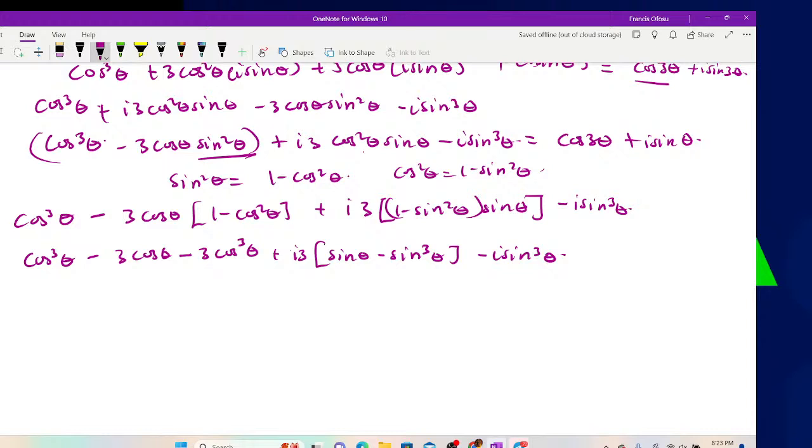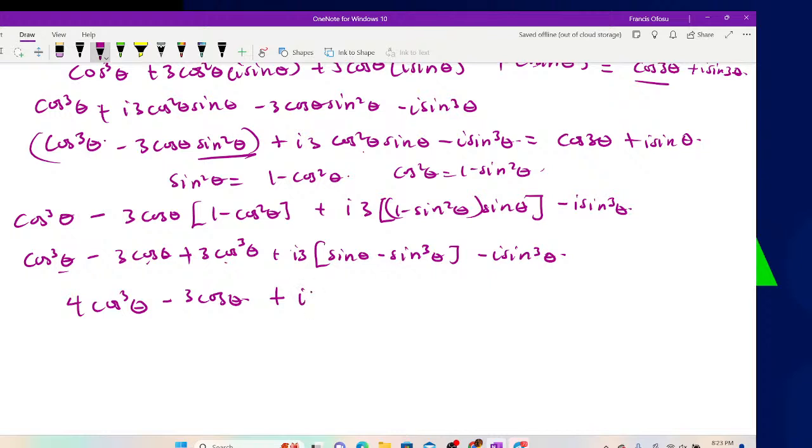So let's still simplify. When you're multiplying, negative 3 cos θ will be here, then this should be plus. Check. So I'll have this plus this to give me 4 cos³θ minus 3 cos θ on this side, right? Plus, I will factorize i out, but I have 3i here, so let me expand here.